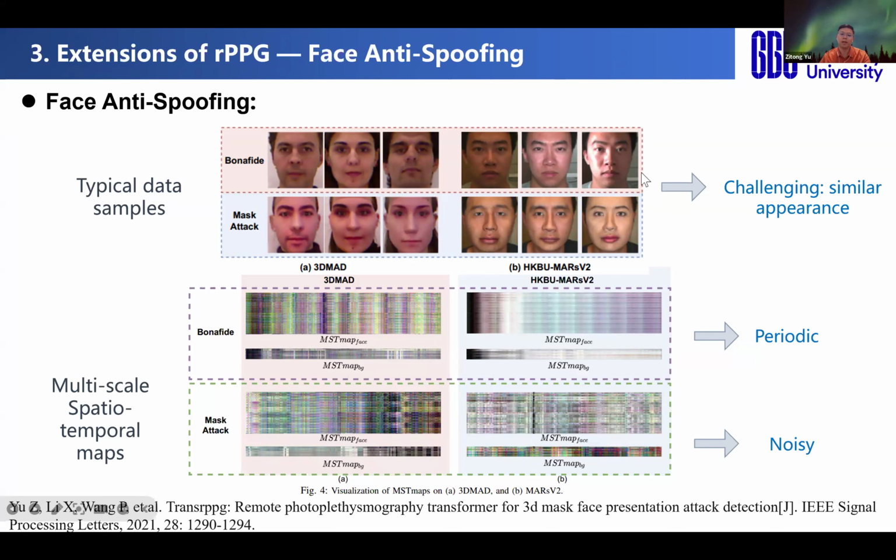But if we extract the RPG signal from the real face, we can get the estimate from this row. And if we get the RPG from the 3D mask attack, we will see a very noisy estimate. So we can predict what is a real face and what is a 3D mask attack using these two kinds of estimates.